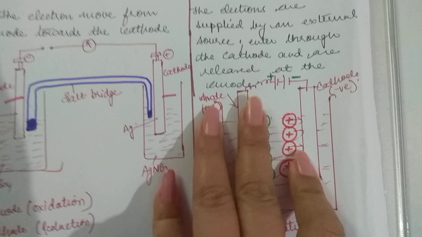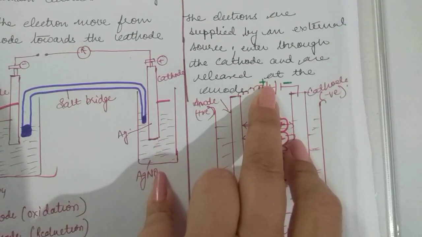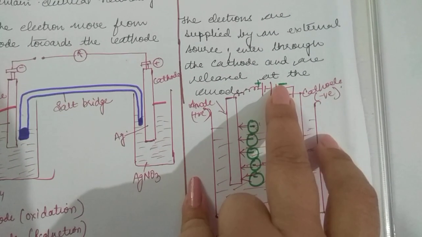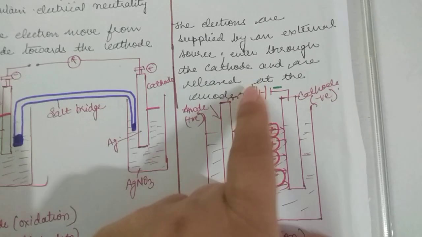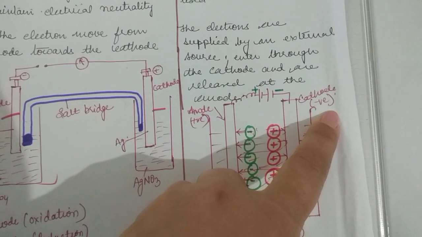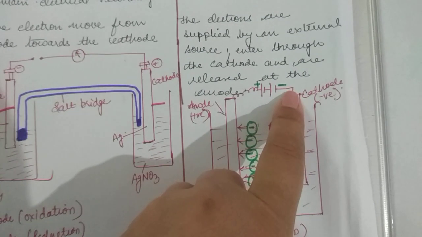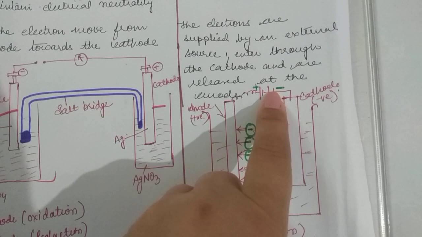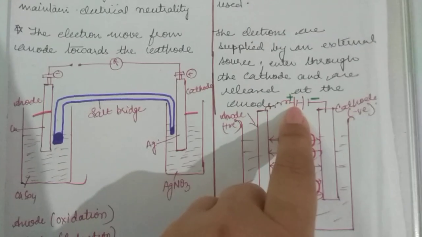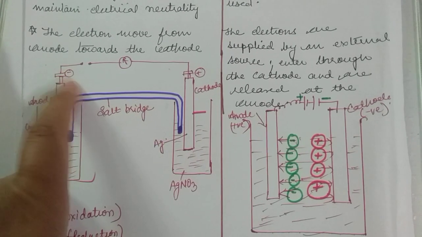And in electrolytic cell, both the electrodes are in the same beaker, and anode and cathode are connected to a battery. Here anode is connected to the positive terminal of the battery and cathode is connected to the negative terminal of the battery. That's why anode is termed as a positive pole and cathode is termed as a negative pole. In the electrochemical cell, electrons are released at the anode, that's why it is negative.